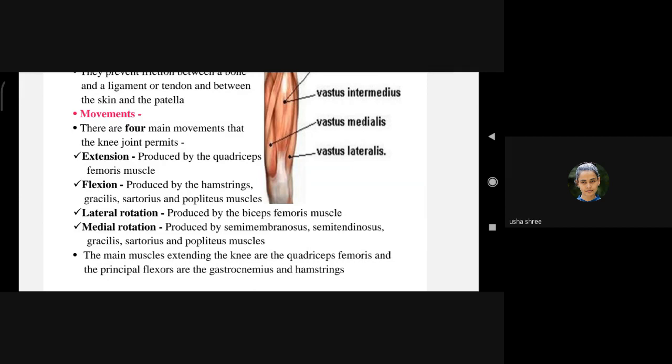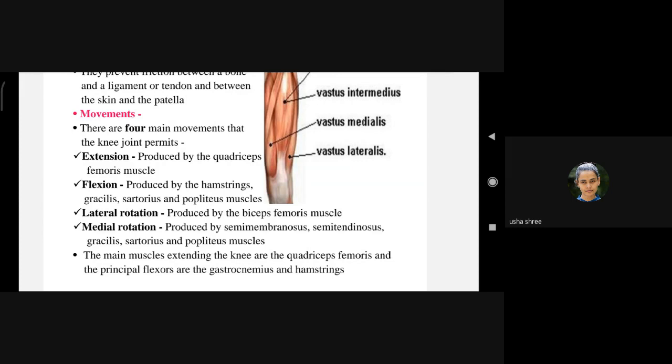Biceps femoris muscle is a part of quadriceps muscle only. Quadriceps muscle means, quadri means 4. So quadriceps muscles are a group of 4 muscles. Quadri means 4, so quadriceps means a group of 4 muscles.